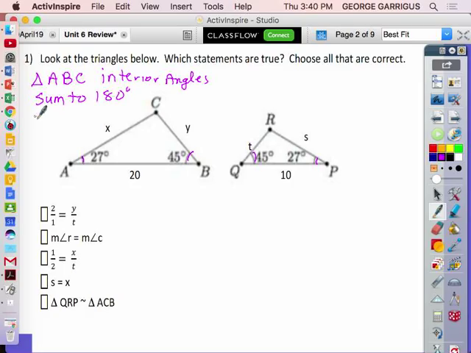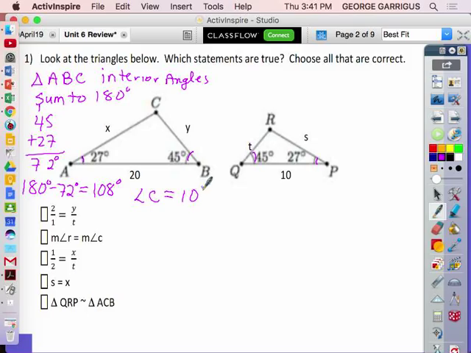So we have 45 degrees plus 27 degrees, that's going to be 2, carry the 1, 72 degrees, and then they have to sum to 180 degrees minus 72 degrees. The third angle, angle C, is going to equal 108 degrees.